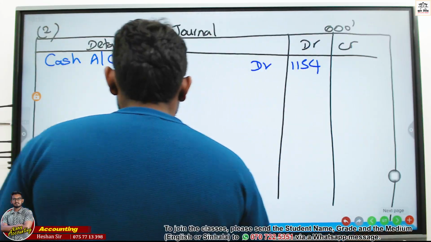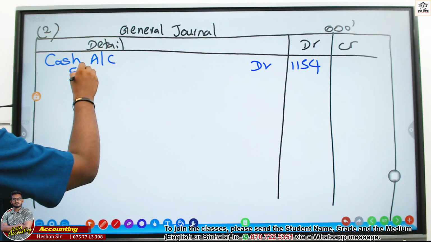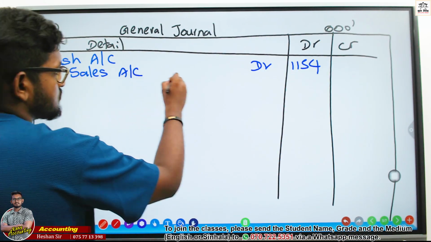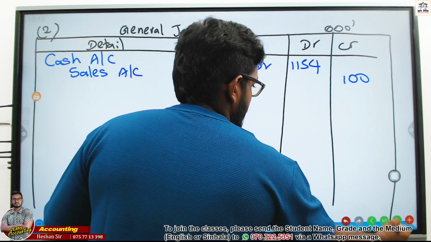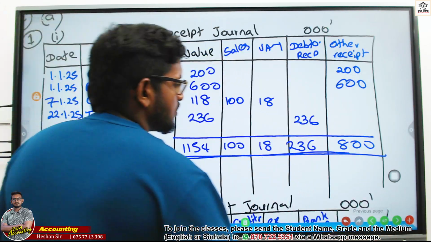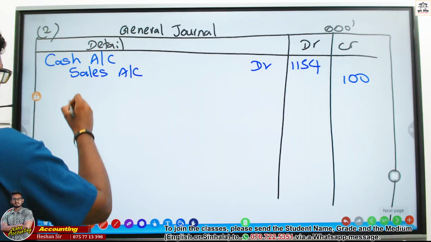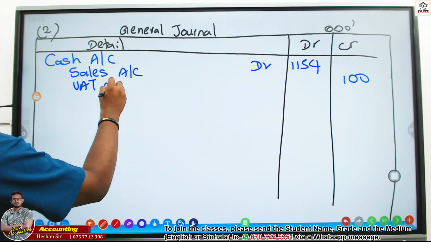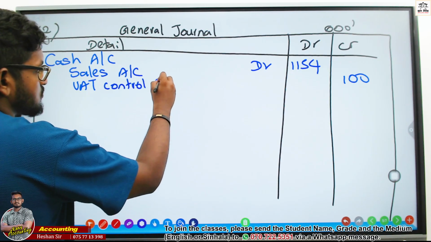Sales account credit 100. Sales account credit 800. And VAT control account credit 80.